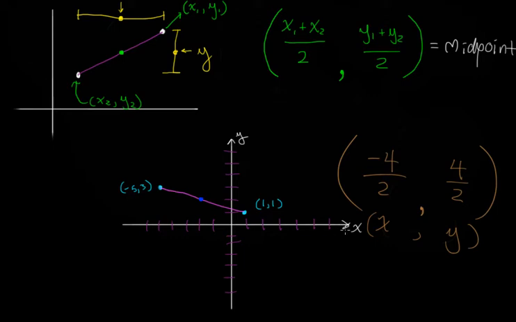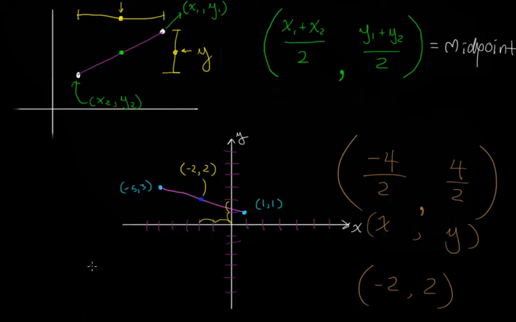This looks like a really nice midpoint. Negative 4 over 2 simplifies to negative 2, and 4 over 2 simplifies to 2. And actually, I could have just looked at this and said negative 1, negative 2, 1, 2. So it makes sense that this is negative 2, 2. I placed that point really well. Very accurate.